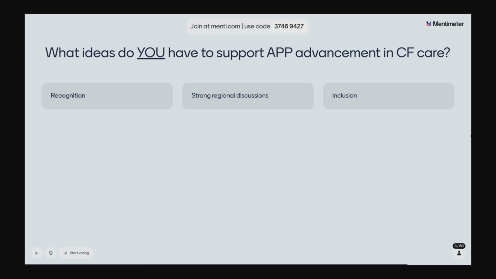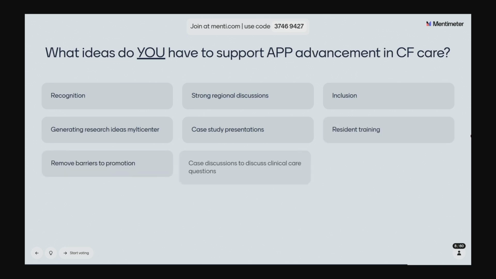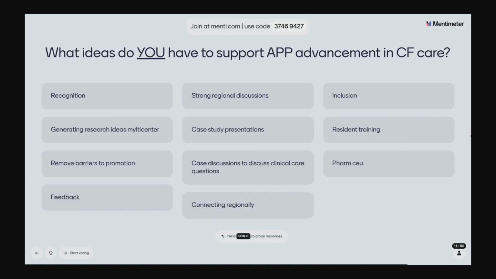Strong regional discussions. We're going to do something with this data that I can't see. I apologize. Remove barriers to promotion. Case discussions and clinical questions. Feedback. Love that. Connecting regionally. Awesome. And folks can continue to put stuff in there, please.